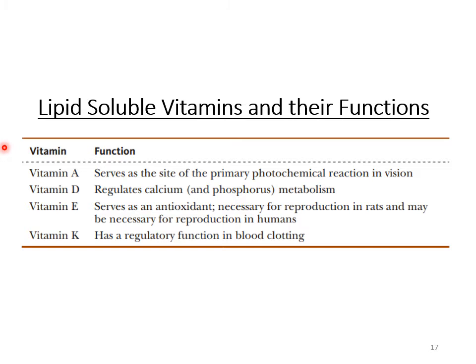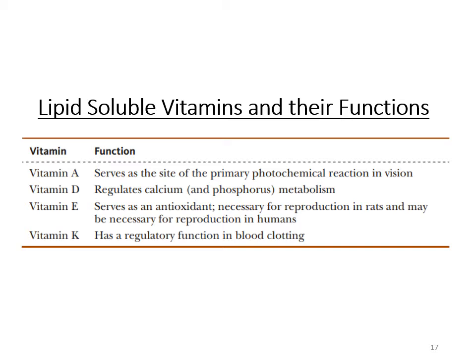So the four lipid-soluble vitamins to remember are vitamins A, D, E, and K. A is involved in your vision. D is involved in calcium metabolism, and you'll see a lot of people end up with vitamin D deficiencies and don't even know it. But some people with vitamin D deficiencies can show things like insomnia and depression, mental health issues, and fatigue as well.